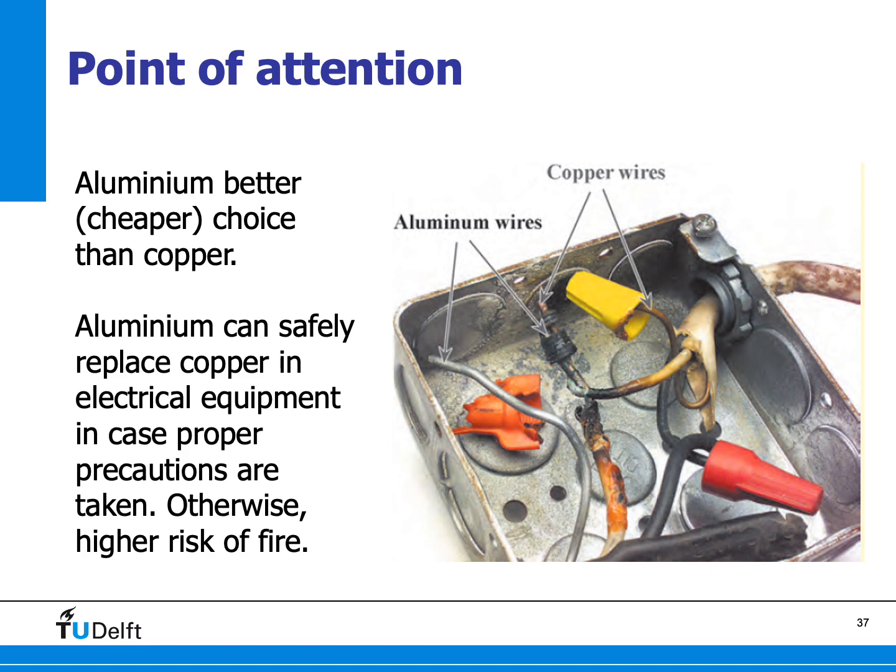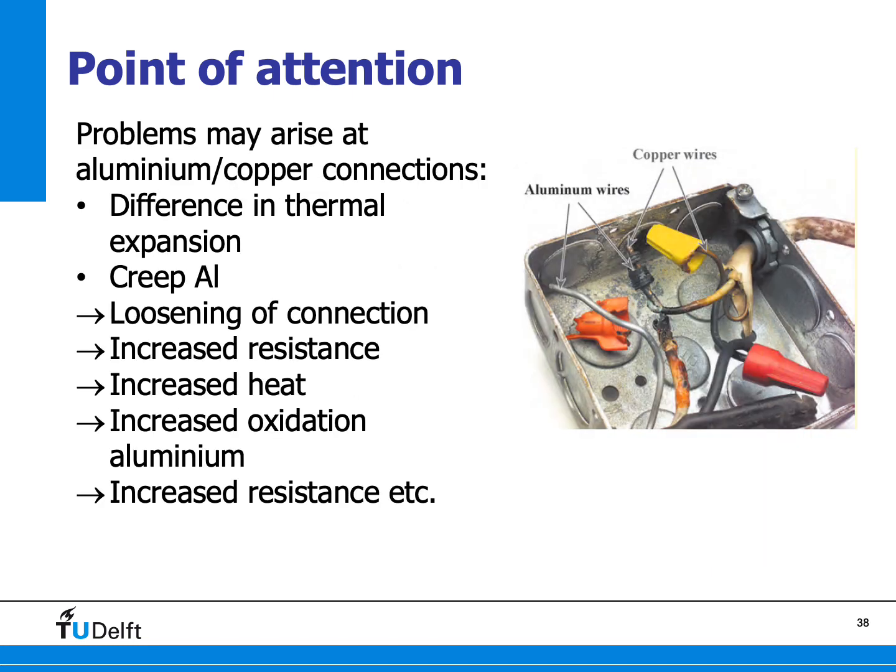So what's the problem? Well, the problem that may arise is at aluminum-copper connections, because you have a difference in thermal expansion. Due to the current that flows through the material, it will slightly heat up, and upon heating, one material will expand more than the other.